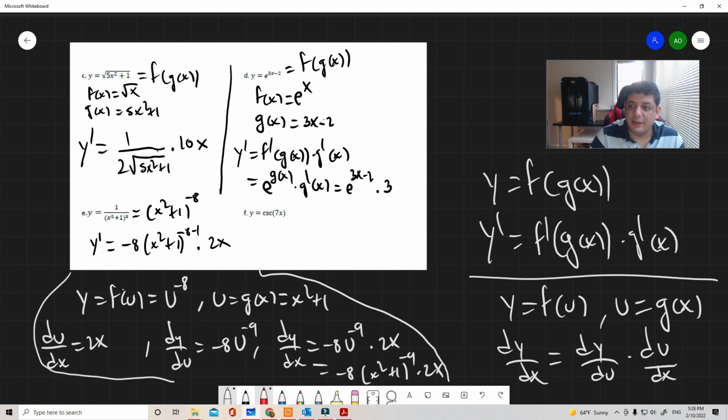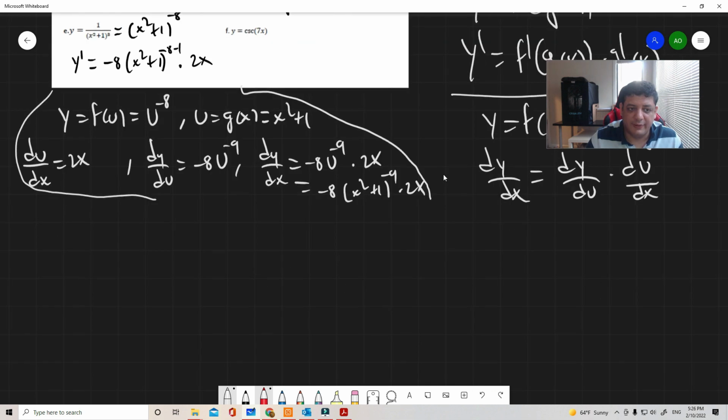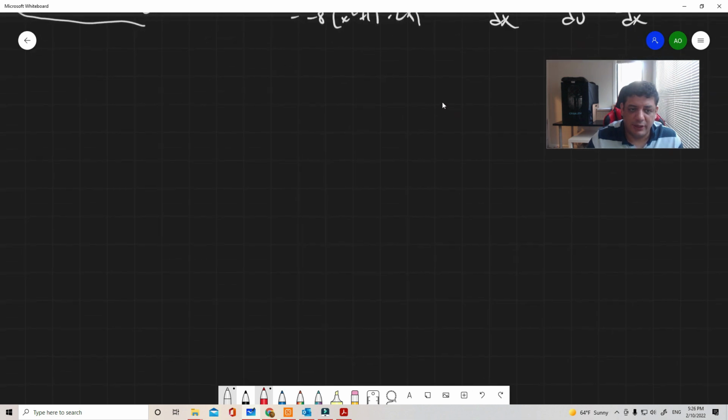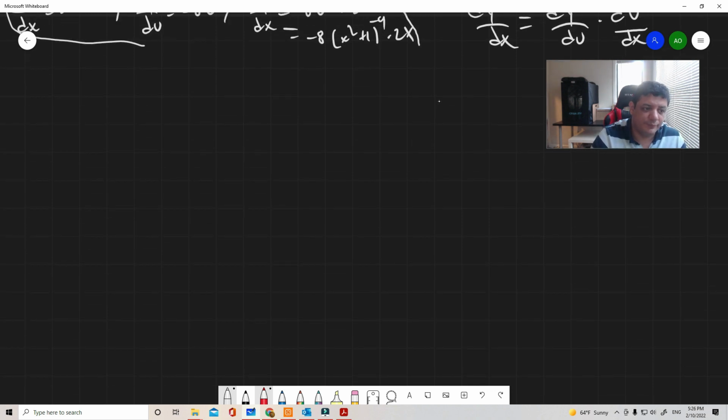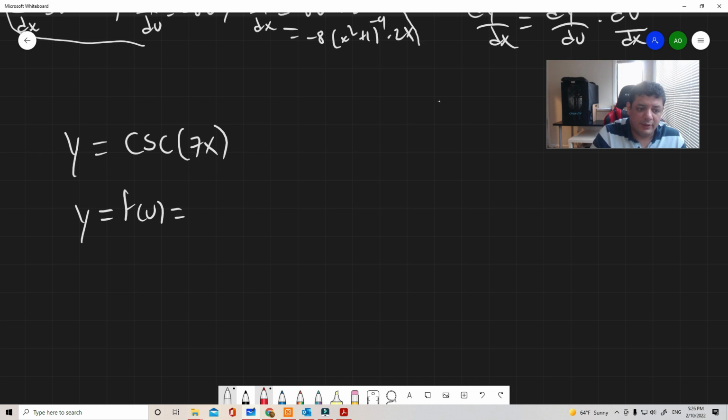Okay. Finally, the only one that I'm missing is y equals cosecant of 7x. So let's go ahead and do this one below. y equals cosecant of 7x. If we follow y equals f of u, we can think of this as cosecant of a certain function u, where u is the function g of x equals 7x.